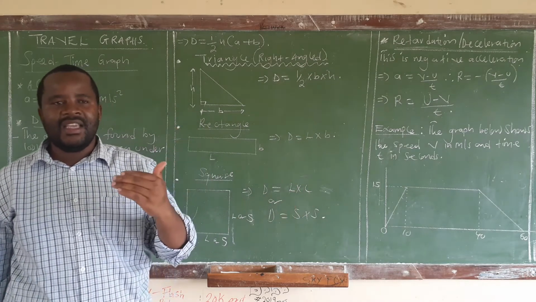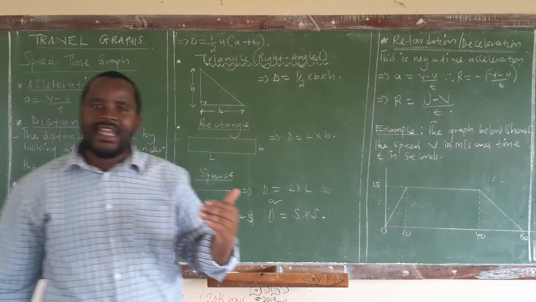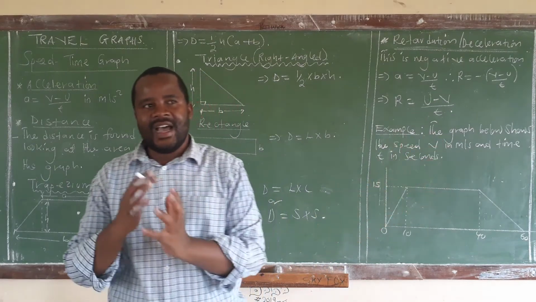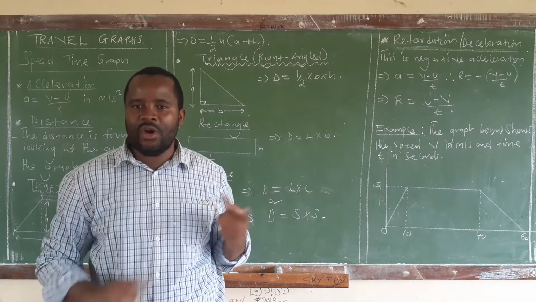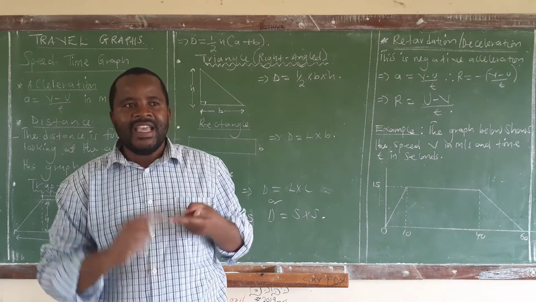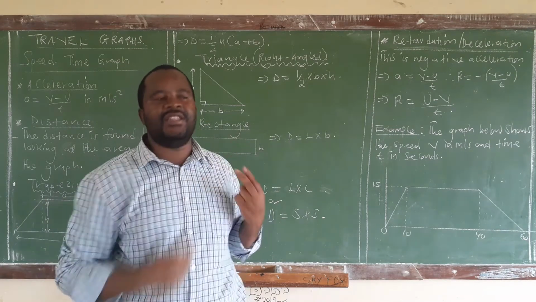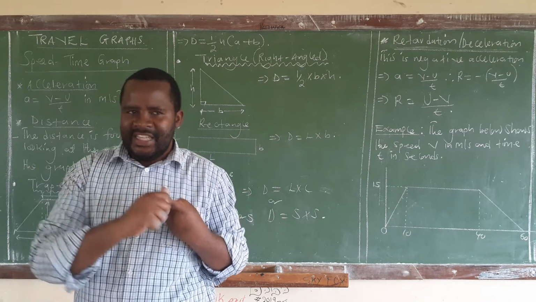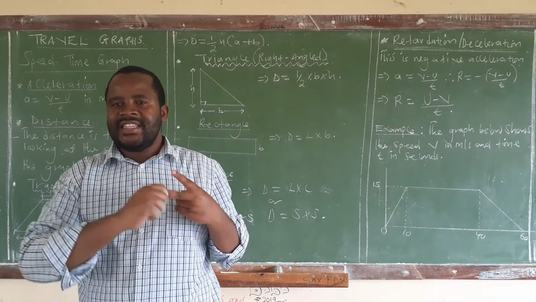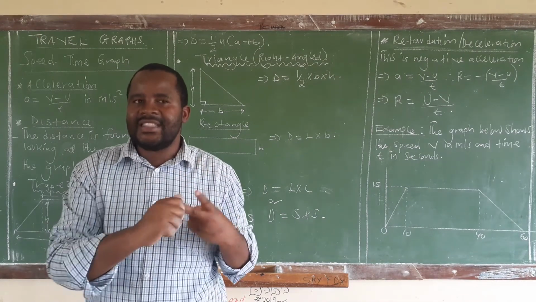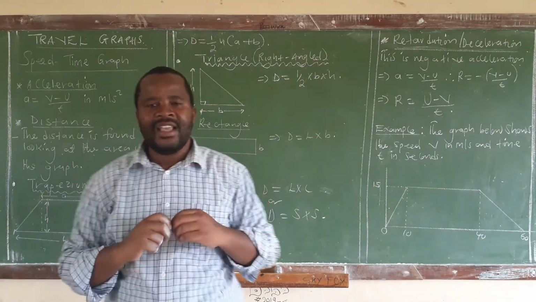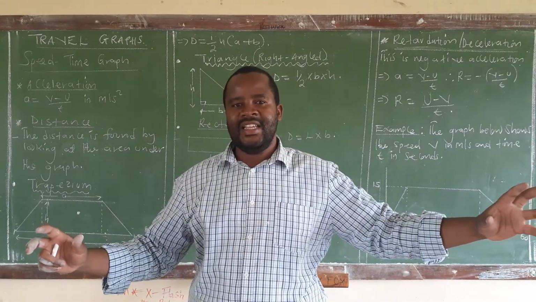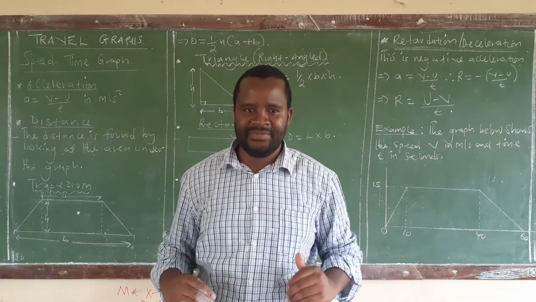What that means also is that for you to say an object has accelerated, there are two things that you must consider: velocity or speed and time. Is there a change in velocity or speed? Right? If it is yes, then come in time. Is there a change in time? If it is yes, then you know you're dealing with acceleration. But if there is change in time, but there is constant speed, then the acceleration is zero.